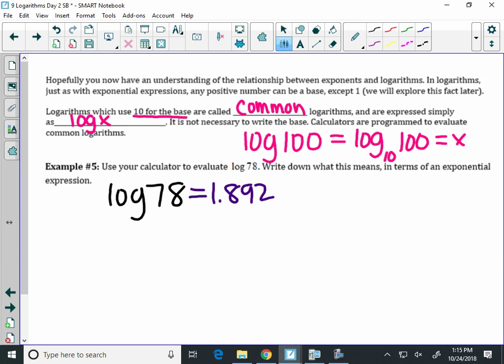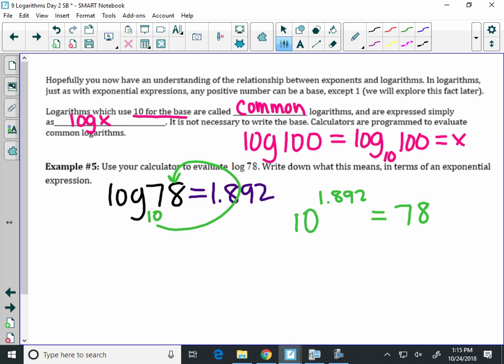Because again, I'm trying to make connections here about what a logarithm does for you. This logarithm, remember, it's a common log. So without saying it, it has a little invisible 10 there. Log base 10 of 78. You don't have to write the base 10, but you should know that that's there. Now think about what a logarithm does. We've just been writing these in exponential form. So if you think about that curly Q idea here, what that answer is saying is 10 to the 1.892 power should equal 78.